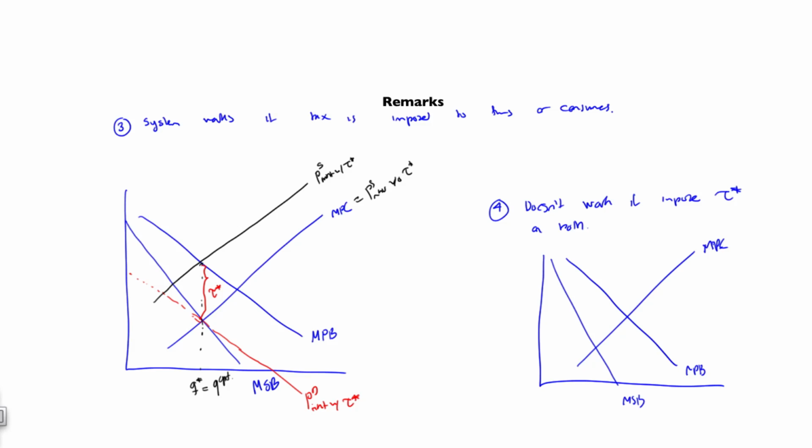If you impose that tax on both of them, so you shift the demand here by this much and you shift the supply here by this much, you end up with an equilibrium that is here, which is less than the Q optimum. So intuitively, you only have to tax the transaction of every unit of Q that produces externality once. You can either do it by imposing the tax on the consumer or on the producer, but you cannot tax it twice.